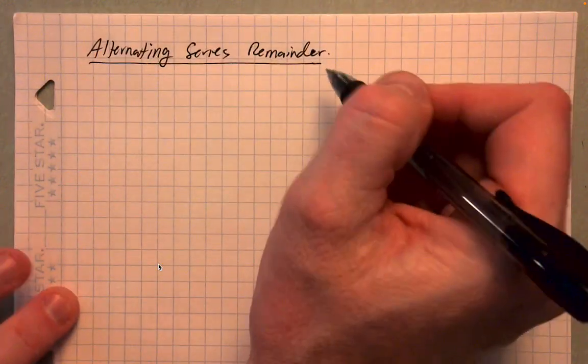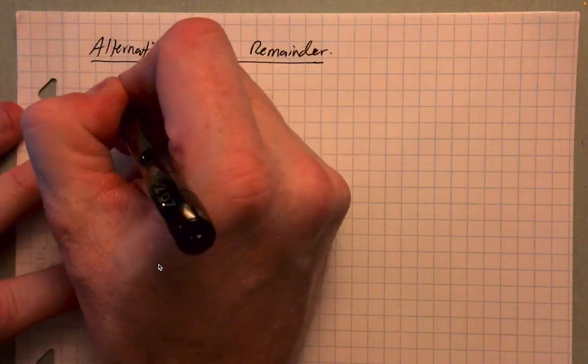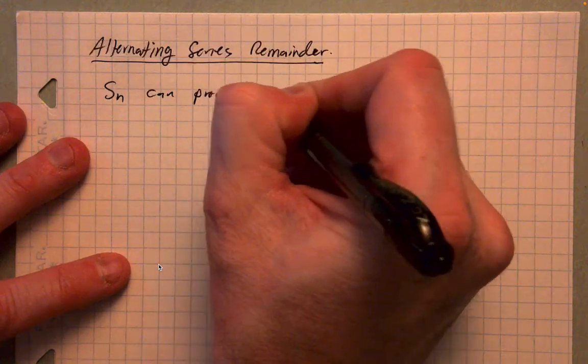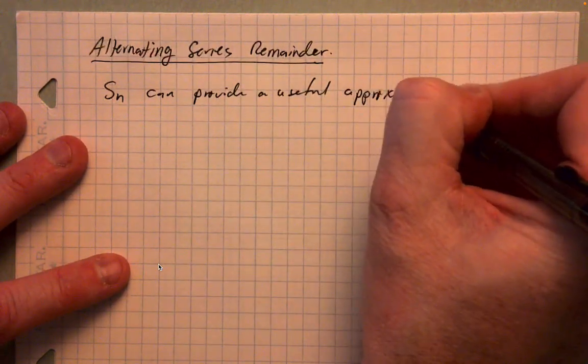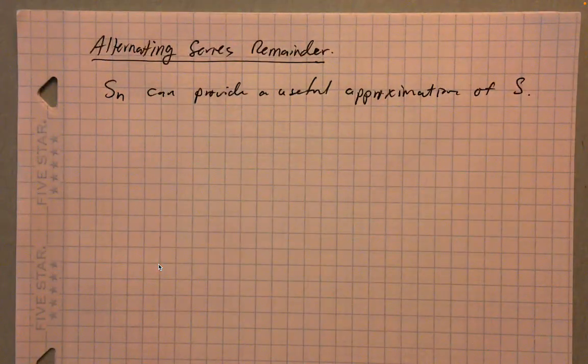Okay, so for a convergent alternating series, the partial sum S of n can be a useful approximation for the sum of the entire series, the sum S. So S of n can provide a useful approximation of S, S being the sum of the infinite series, S of n being the sum of the first n terms of the series.